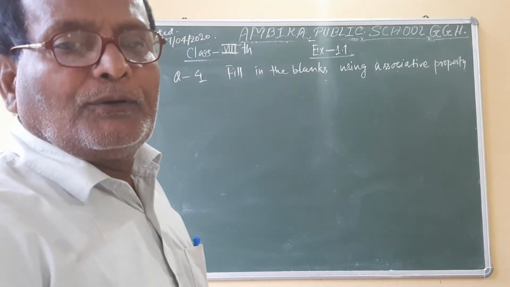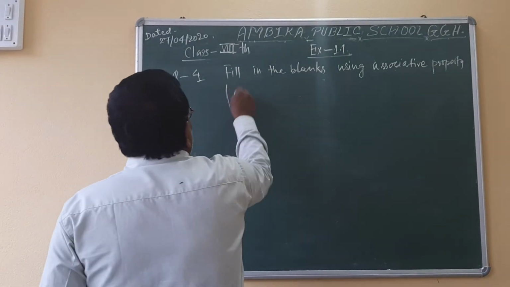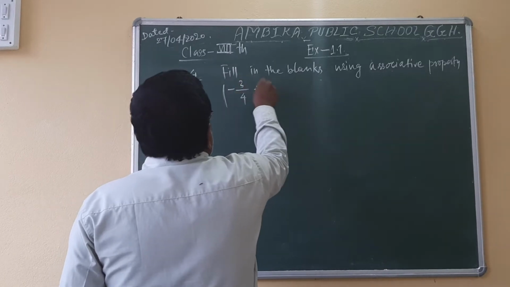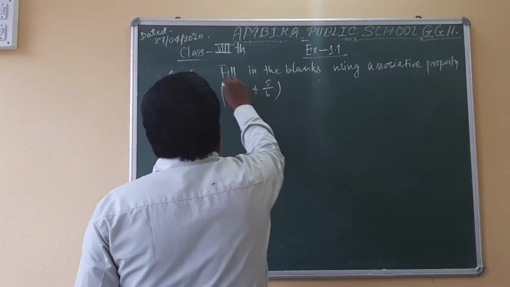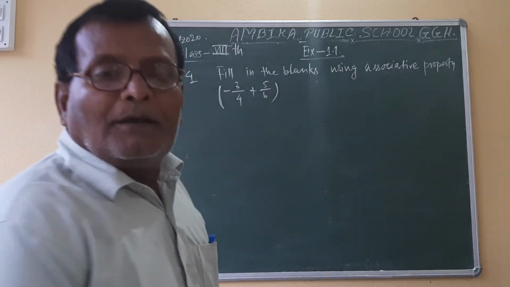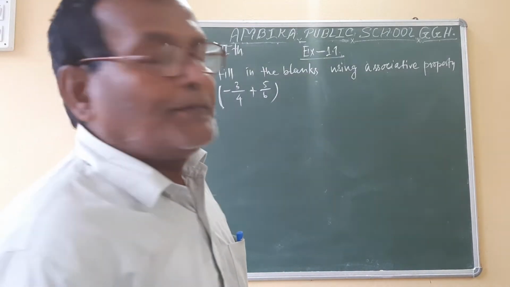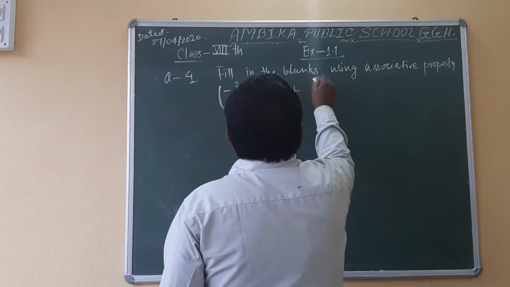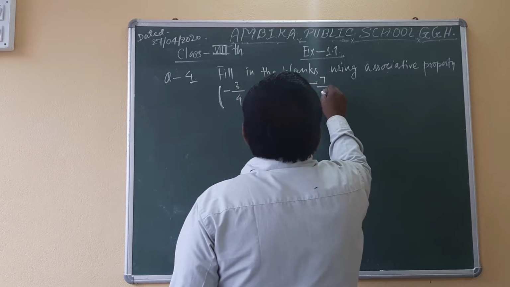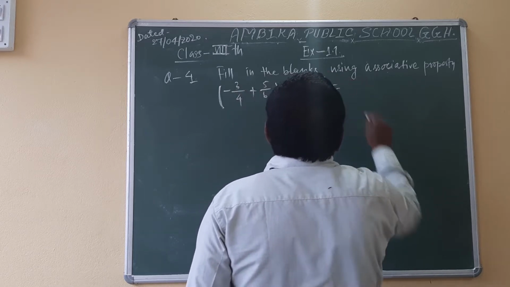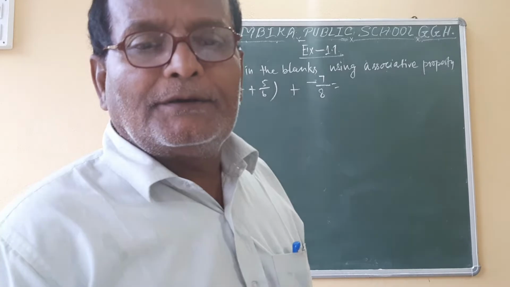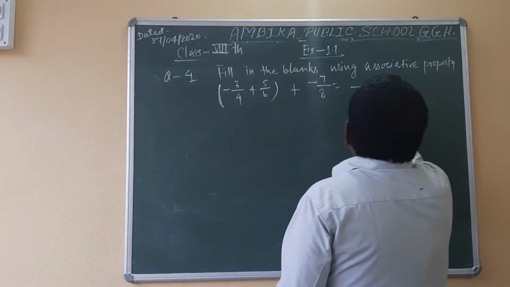Associative property: (-3/4 + 5/6) + (-7/8) = ____.